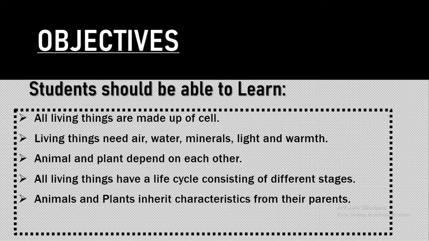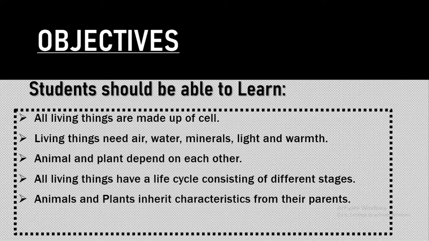Living things need air, water, minerals, light, and warmth. Animals and plants depend on each other. Living things have a life cycle consisting of different stages. Animals and plants inherit characteristics from their parents.